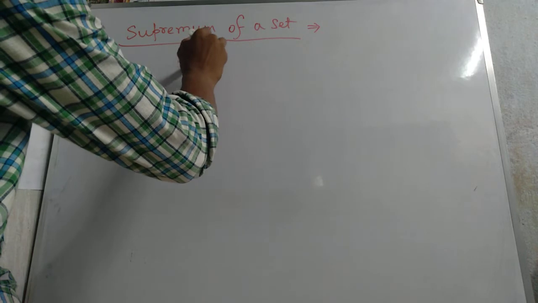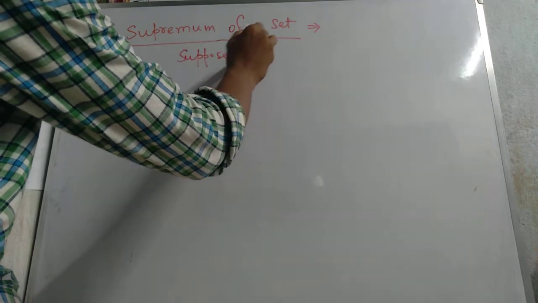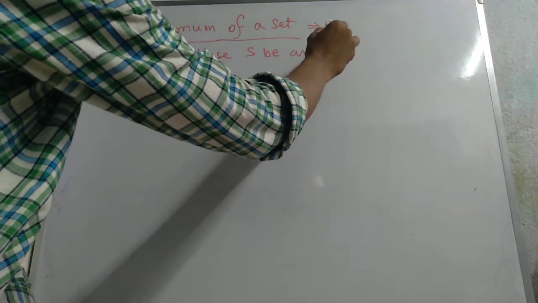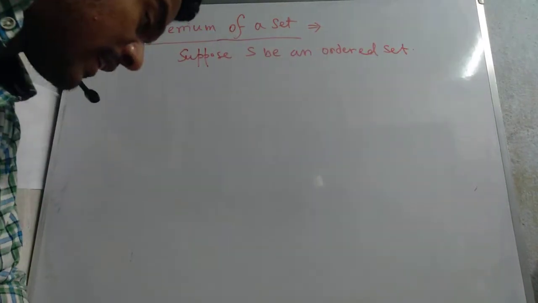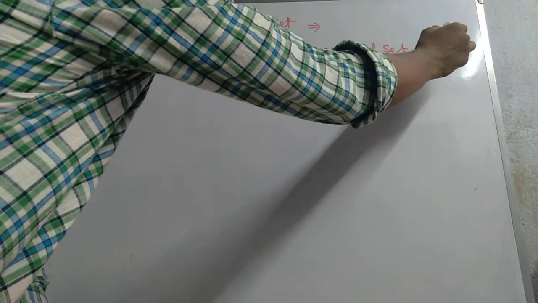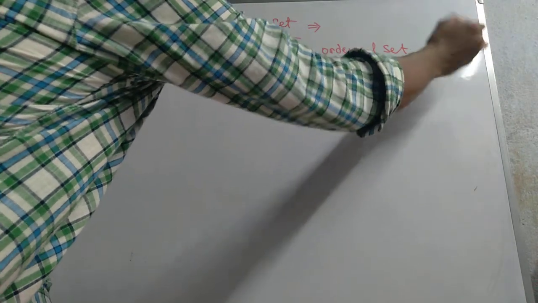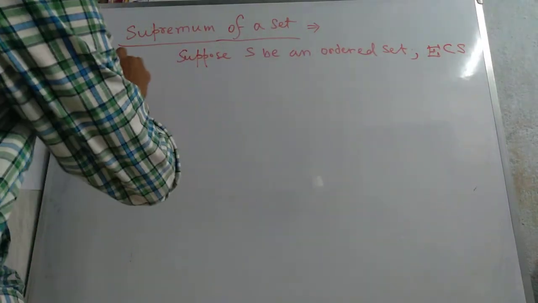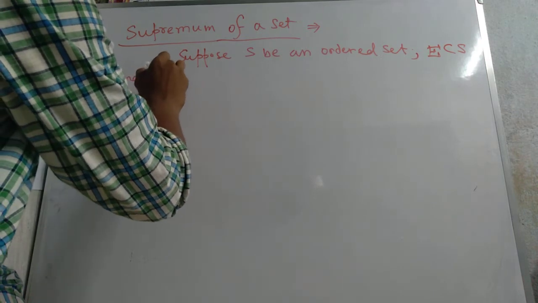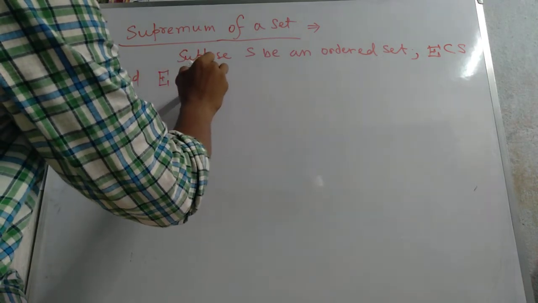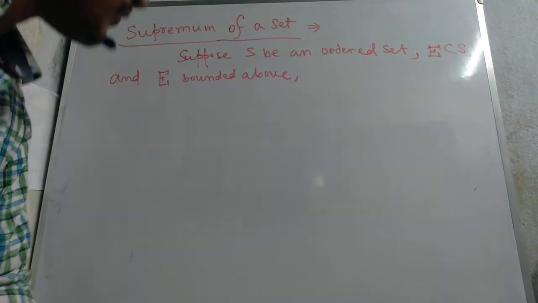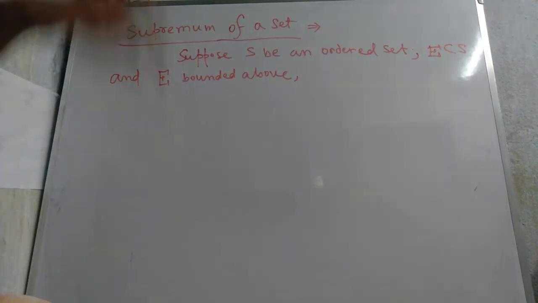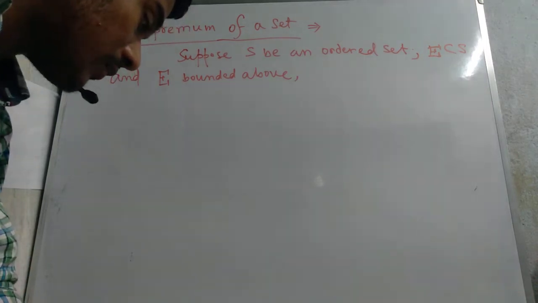Suppose S is an ordered set, and E is a subset of S and E is bounded above. We also write the definition of an ordered set and the definition of bounded above. Then we go further.